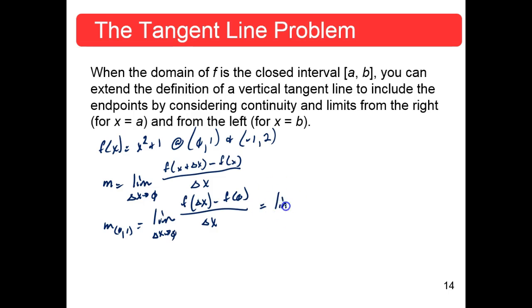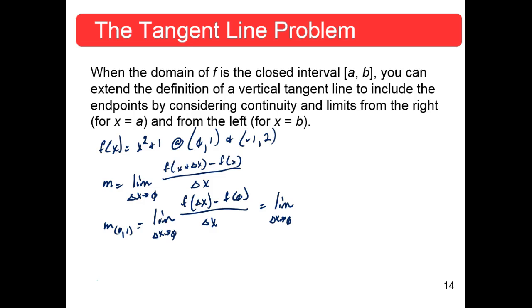The limit as delta x approaches 0 of, what's f of delta x? If f of x is x squared plus 1, f of x says whatever the x is, you square it and add 1 to it. That's what the function tells you to do.